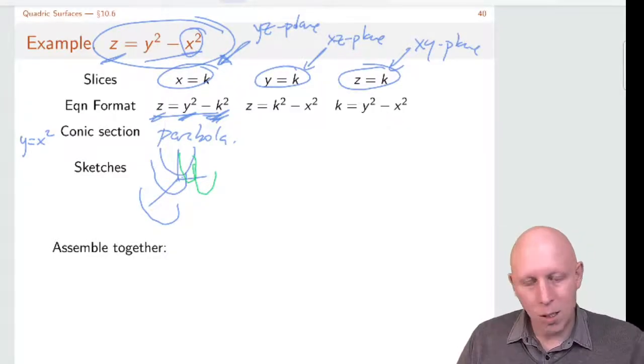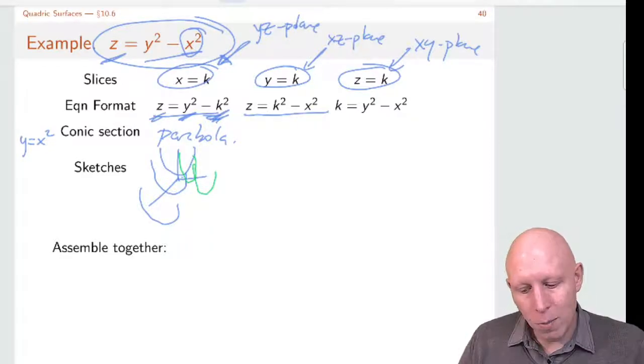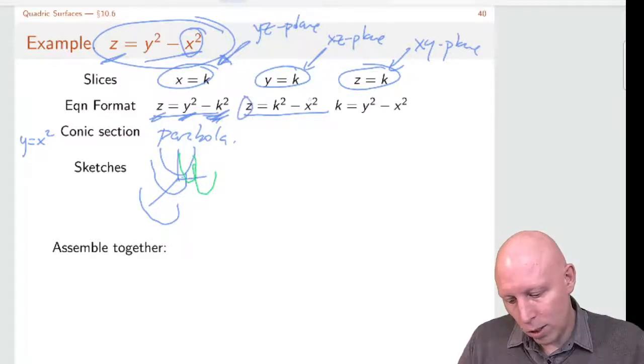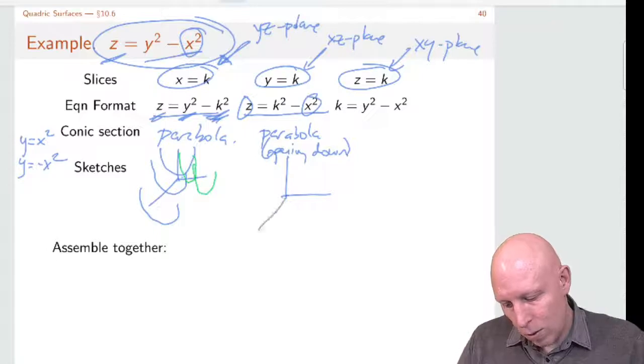All right, but let's get some additional data, and let us use that to help our drawing. So z is equal to k squared minus x squared. What is a function that looks like y is equal to negative x squared? That's also a parabola, but opening down. So if we go in the zx plane, then we get this parabola opening down.